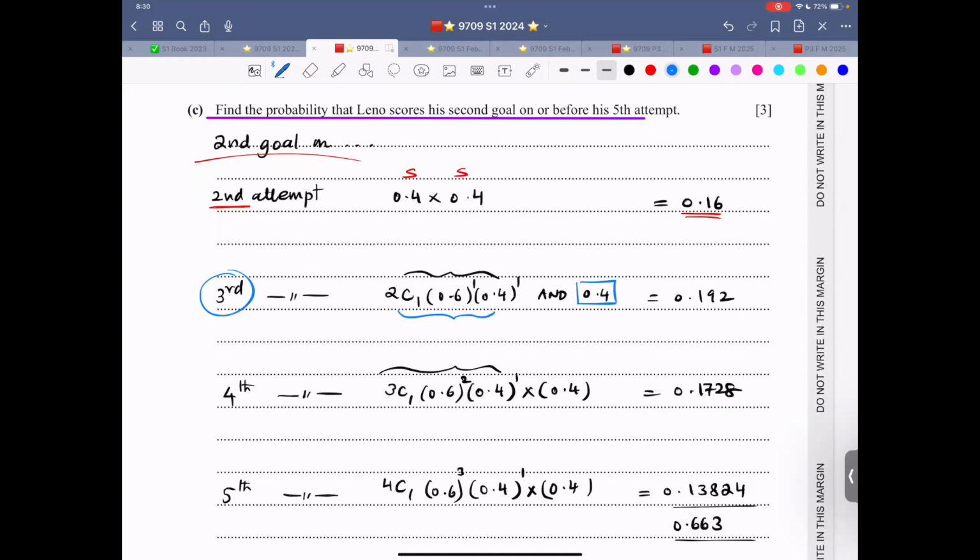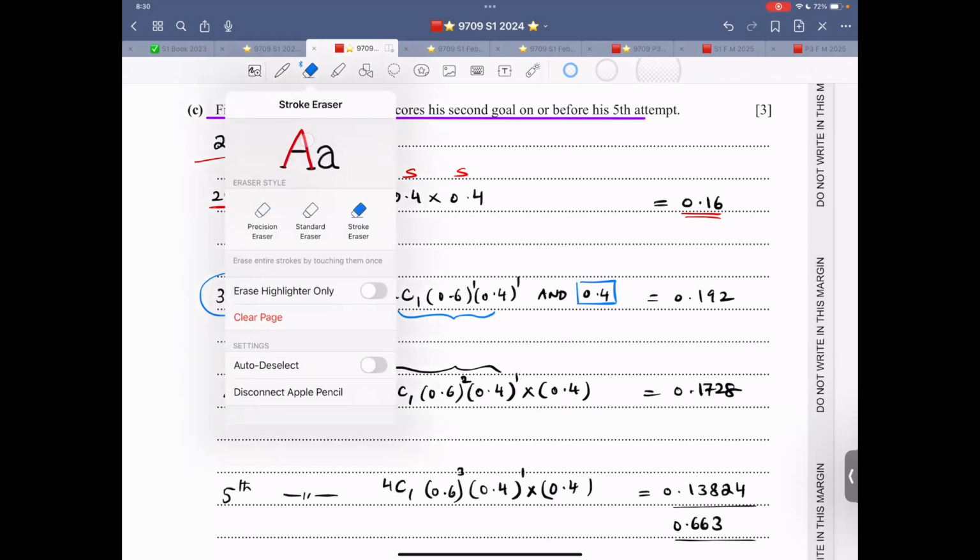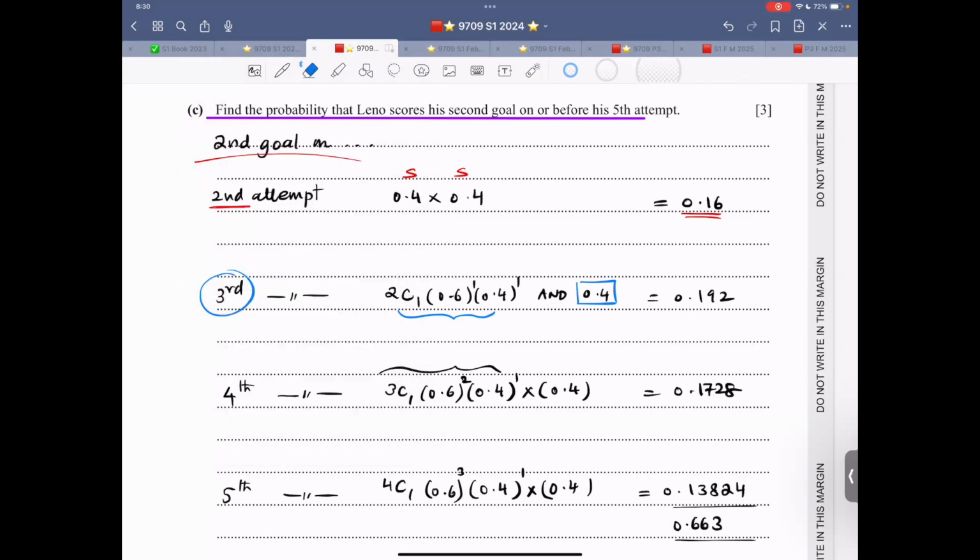And out of the first 2 attempts, what is happening? We are applying the concept of binomial. We are saying that 2C1, 1 success, and probability of success raised to power of 1, probability of failure raised to power of 1, and this is the answer. That is for this thing.